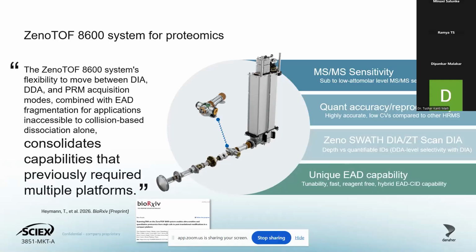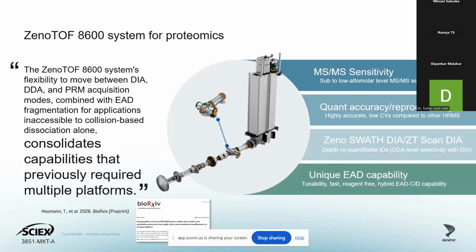That is also possible using the 8600, because the 7600 had a 0 to 25 electron volt tunable kinetic energy option, but in the 8600 it is extended to 50 electron volts. So especially for lipids, this tunable electron kinetic energy option in the 8600 is very useful.